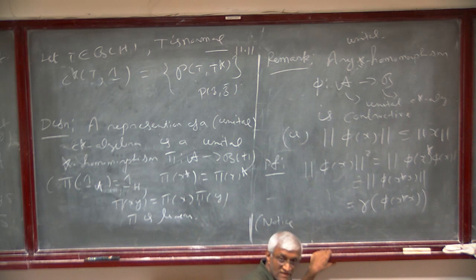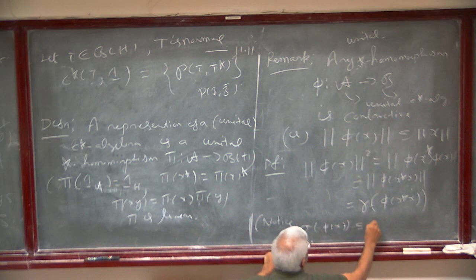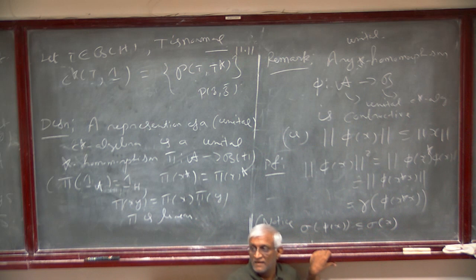If x is invertible, P of x is also invertible. Right? So the spectrum of P of x is contained in the spectrum of x. It is unital, so it will take lambda to lambda.